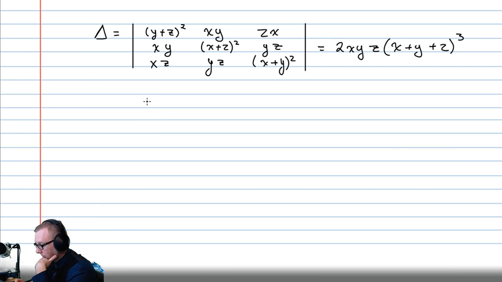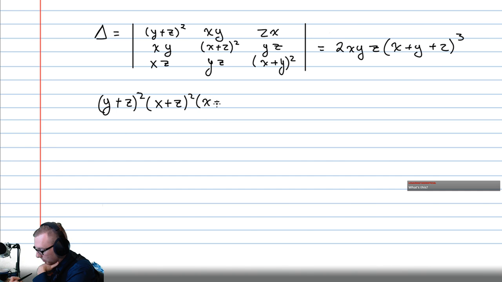do some factoring. So we've got y plus z squared times x plus z squared times x plus y squared. So that was the first row.